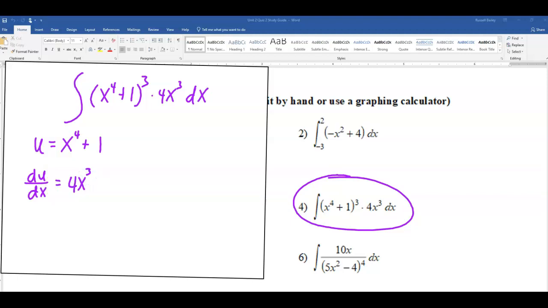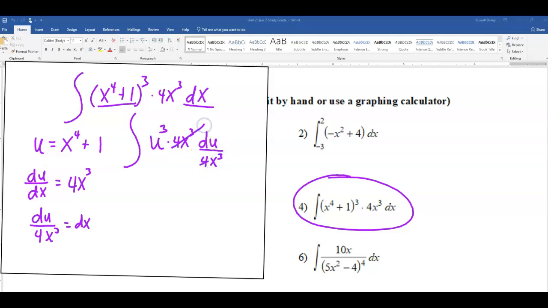And then solving for dx, we would end up with du over 4x cubed equals dx. Doing our u substitution, I replace this with u. I replace the dx with what dx equals, and that's du over 4x cubed. Those cancel out, and now I have a simpler integral to evaluate.